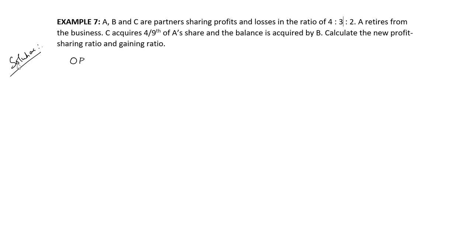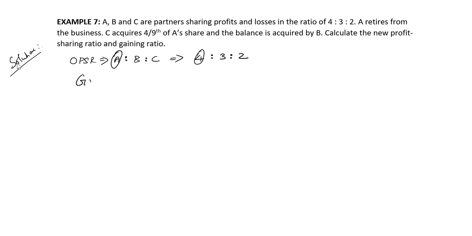Given old profit sharing ratio between A, B and C is equal to 4:3:2. A is retiring from the business and it says C acquires 4/9 of A's share.